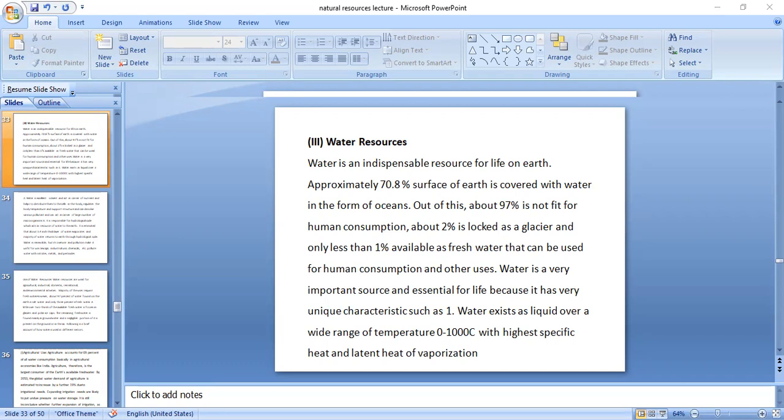Water is a precious resource. We have learned this from our small standard classes, right? They gave us various ways to use water properly. You have seen the pictures that you should close the tap while brushing, you should not use the shower, you should take water in a bucket for bathing, right? We are learning this since our childhood, but there is a need to implement these at a larger level.